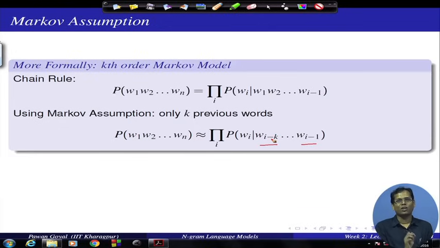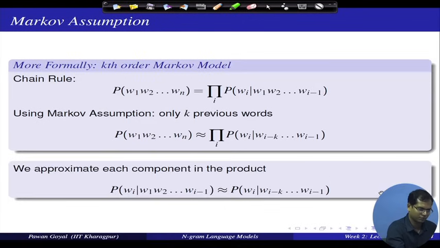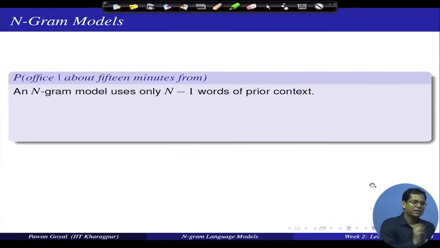So this is kth order Markov model assumption. We can do that for all the components in this product, and that's how we will define our n-gram models.